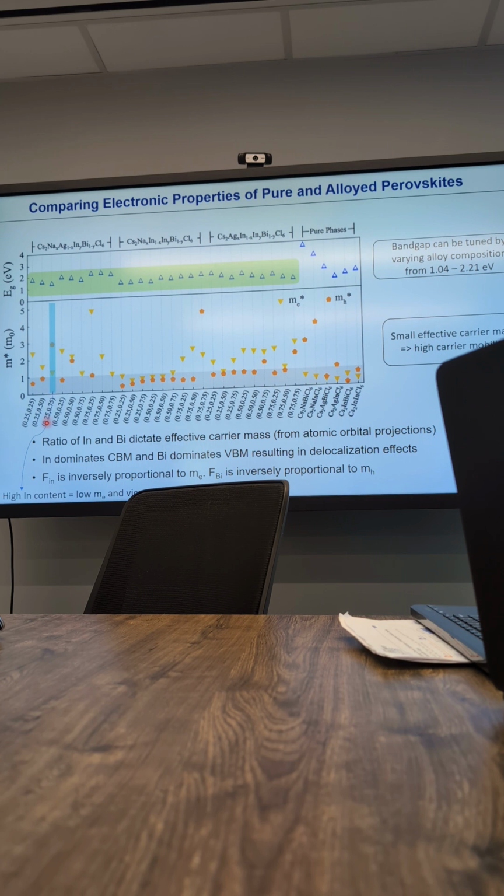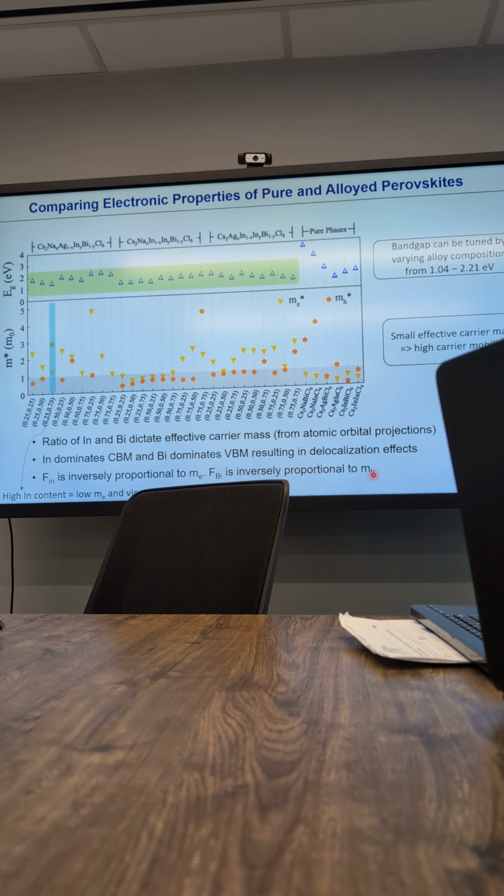Sodium is X, sodium is 0.25, indium is 0.75. So if indium is 0.75, it's high, which means that the mass of electrons is going to be low. And that is true because the mass of electrons is the yellow one here, and the mass of the holes is this one here. And it's vice versa, because the fraction of bismuth would be inversely proportional to the mass of the holes.